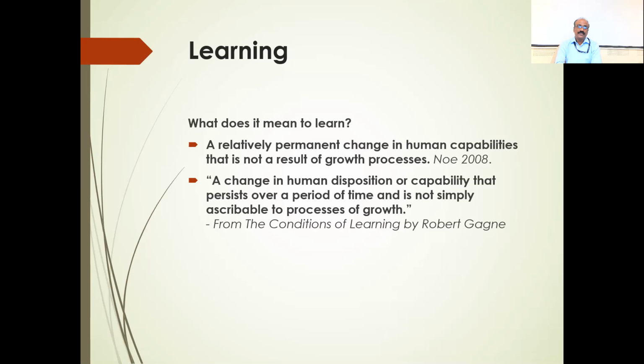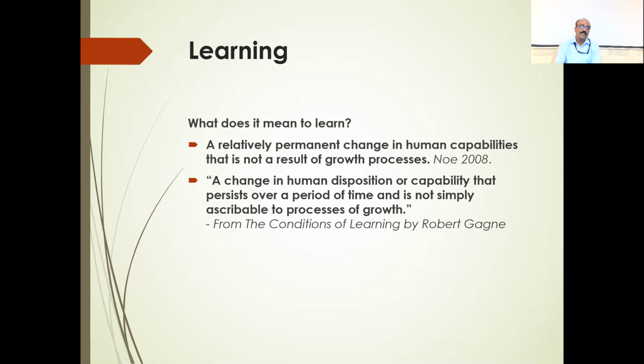Both these definitions say that learning is a relatively permanent change in a person's knowledge or behavior due to experience. These definitions have three components in them. One is the duration of the change is long term rather than short term. Second, the locus of the change is the content and the structure of knowledge in memory or the behavior of the learner.